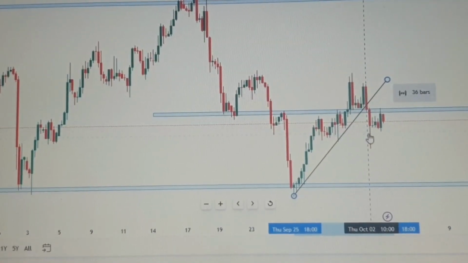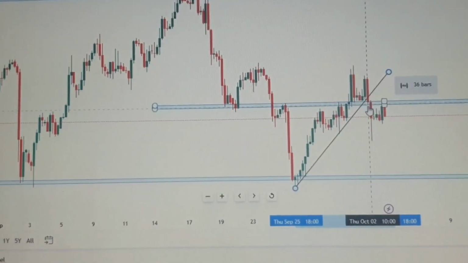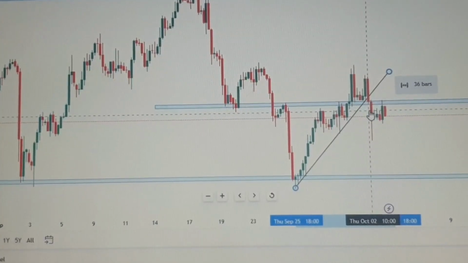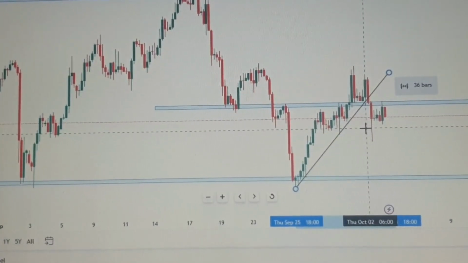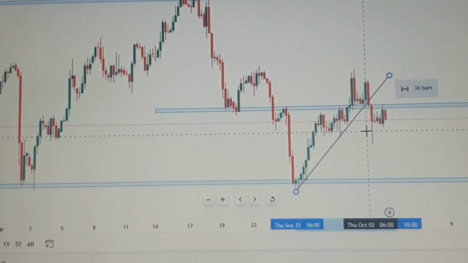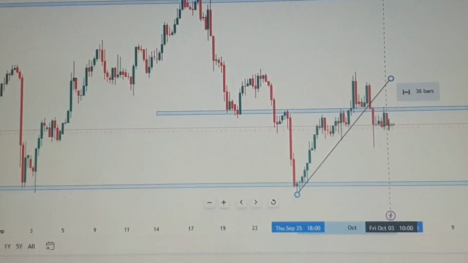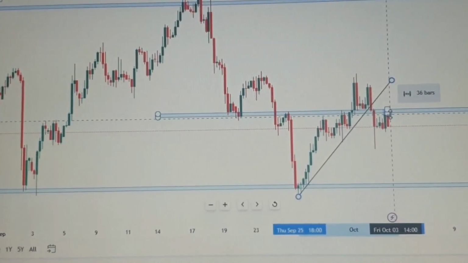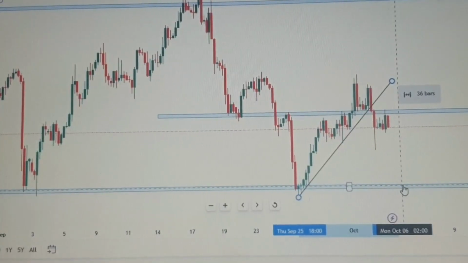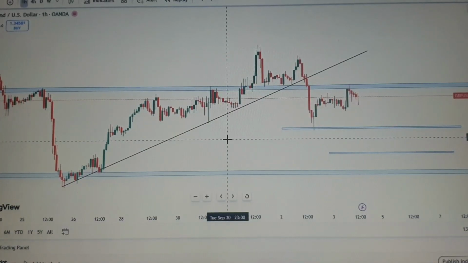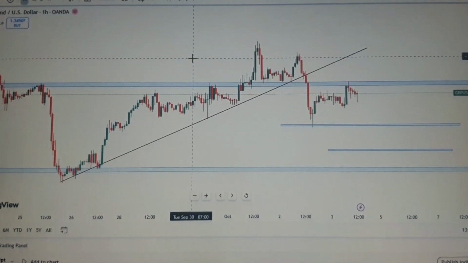It came back into this place and broke below this trend line. So with this, it is very clear that price will likely drop from this point down to this point. So guys, on the 1 hour time frame, trade your plan, your trade.